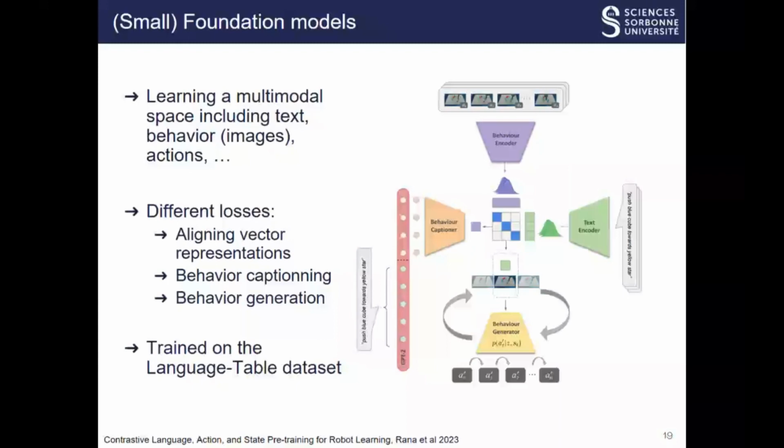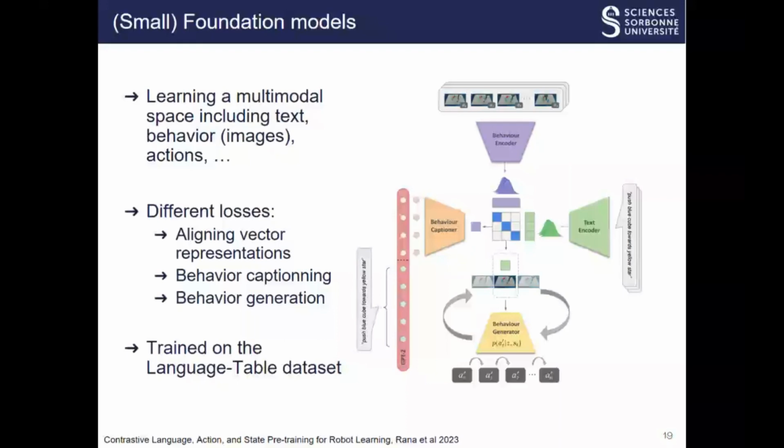There is also a loss for captioning behavior, generating a description according to a frame in the sequence of actions, and also behavior generation, in which you provide an action given a frame associated to a behavior.